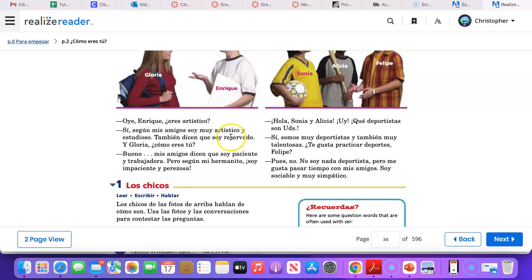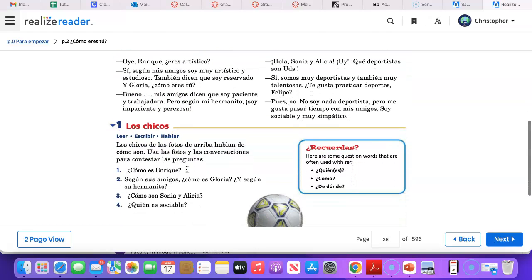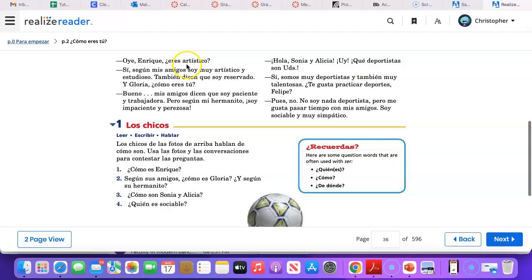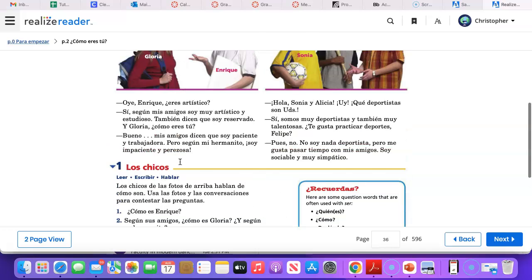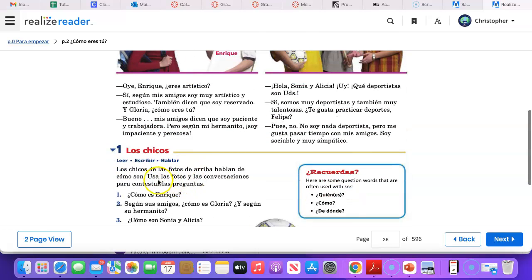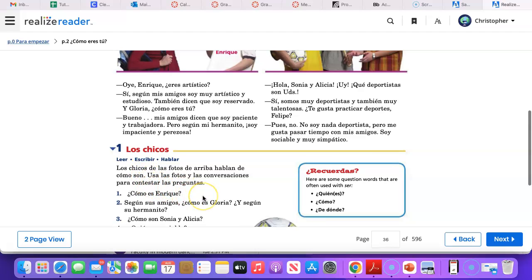Artístico is a cognate. Reservado is a cognate. Paciente is a cognate. Impaciente is a cognate. So you've got this. Point out the answers from the dialogue. And we're looking for adjectives, yeah? Adjectives, because we're trying to identify the descriptions that they use to describe one another.